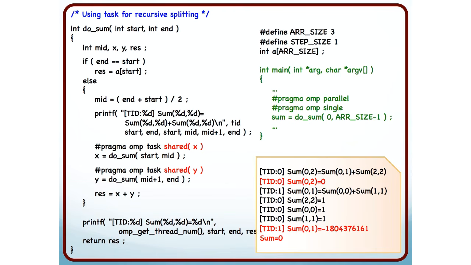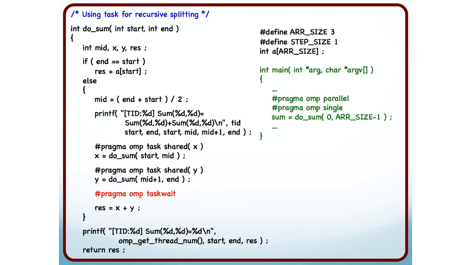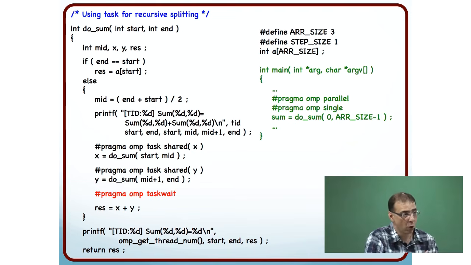Now what this is showing is that when I run this code, right, I still get the wrong result. This is a particular directive, #pragma omp taskwait, which says that wait for all the tasks that have been spawned by this task so far to complete.